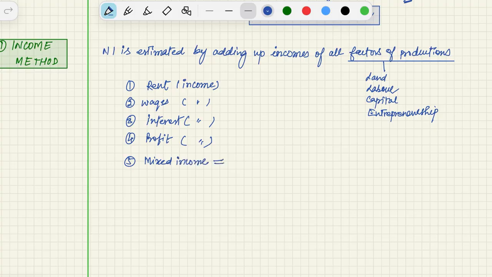Generally they are of self-employed people, those who are not working in a particular firm. So their incomes are also calculated. Why is it important? Because they are generally a majority in number, generally 52% of the population are self-employed.